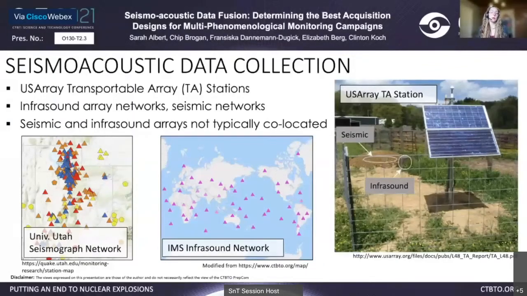So when you're looking at an event, the chances that your infrasound array will fall close to your event are less likely. And then the third figure is a typical US Array TA station, where we've got the seismic sensor buried in a vault and the infrasound sensor above ground.